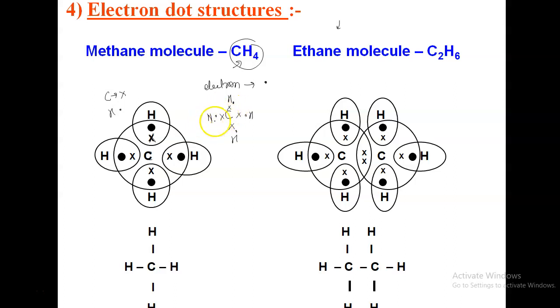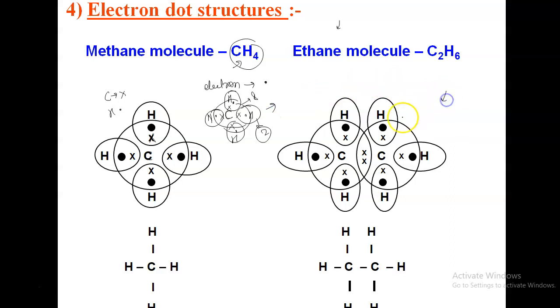To satisfy both the valencies of hydrogen and carbon, we can do like this. Okay, and carbon needs 4 electrons, so all the 4 electrons of the hydrogen are shared like this. So carbon gets 8 electrons and each hydrogen gets 2 electrons. So this becomes a stable entity.